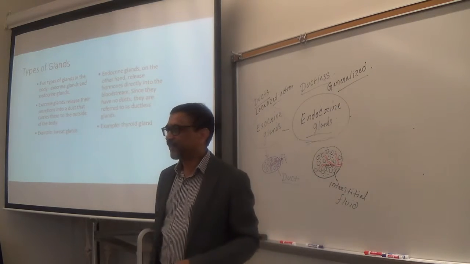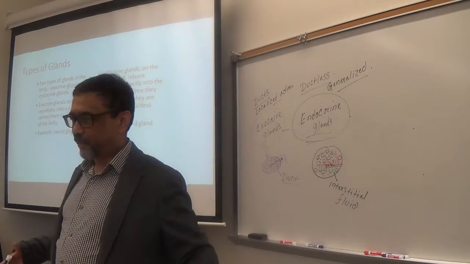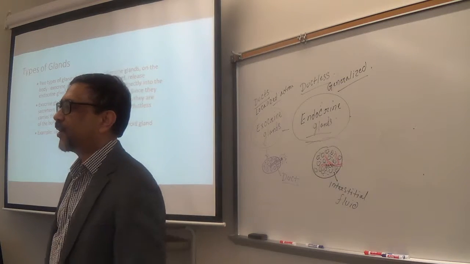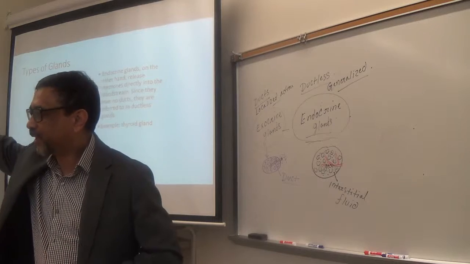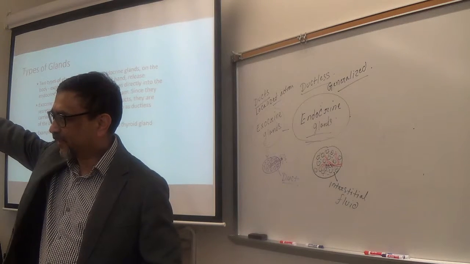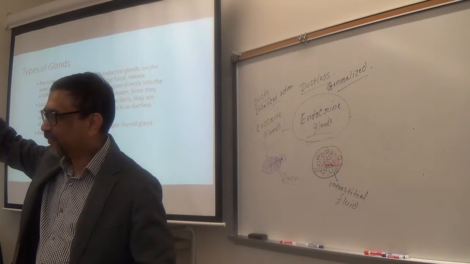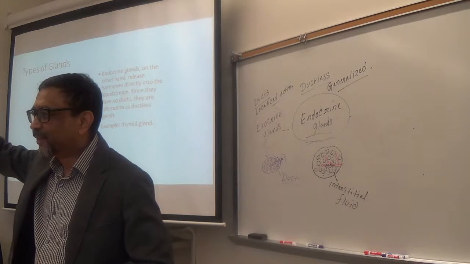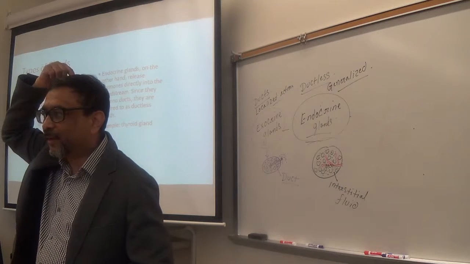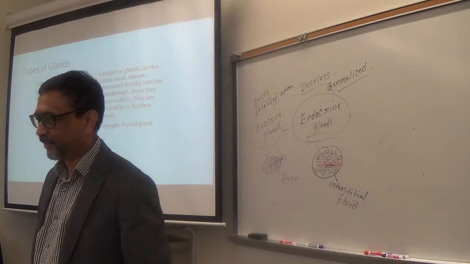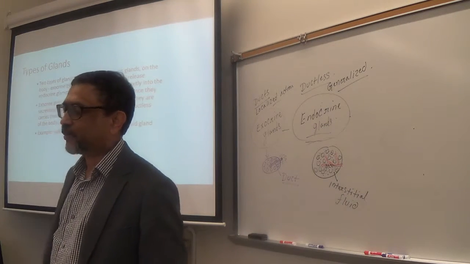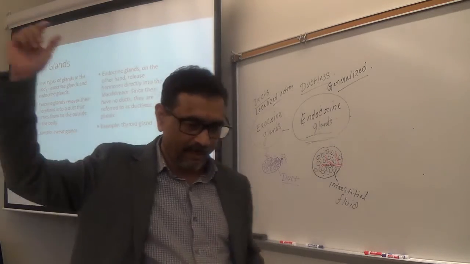Generalized action. That means widespread. Make sense? Now you tell me which one the action could be further away from the gland. Endocrine, right? The pituitary gland in the brain produces a hormone that goes to the kidney and other organs, because blood can take it anywhere.